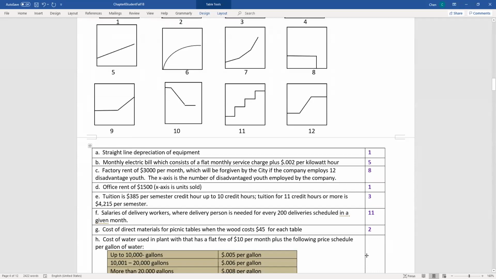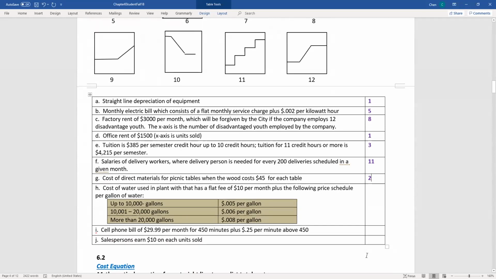H. Cost of water used in a plant that has a flat fee of $10 per month plus the following price schedule per gallon of water. If you look at that, if you use less than 10,000 gallons, your cost is 0.5 cents per gallon.